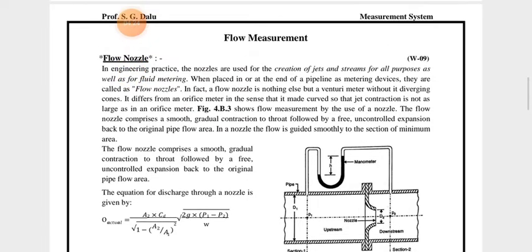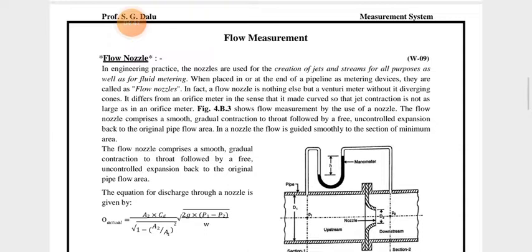Okay, so in engineering practice, nozzles are used for the creation of jet and stream for all purposes, as well as for fluid metering. When placed in or at the end of the pipeline as a metering device, they are called flow nozzles.